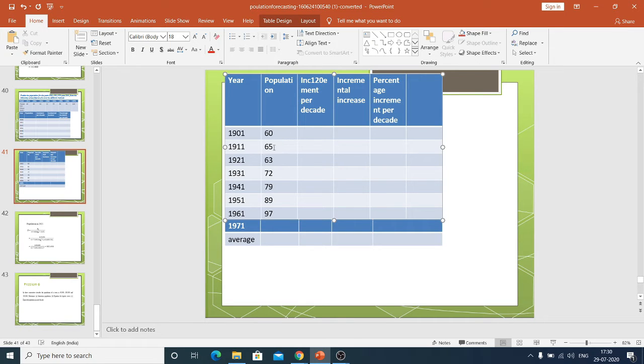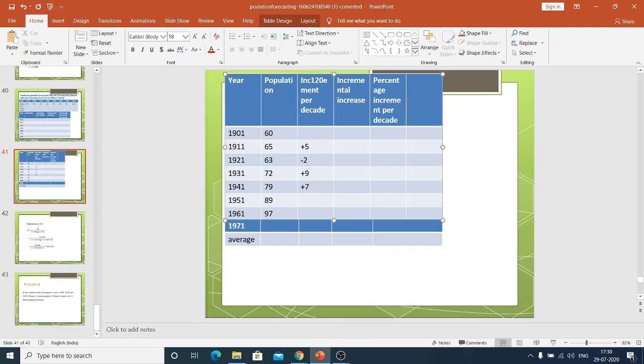So if you find out the increment per decade, how do you find out the increment? You deduct this value from this value: 65 minus 60, you will get plus 5. From 63 to 65 is minus 2. From 72 minus 63, plus 9. Next, from 79 to 72, plus 7.